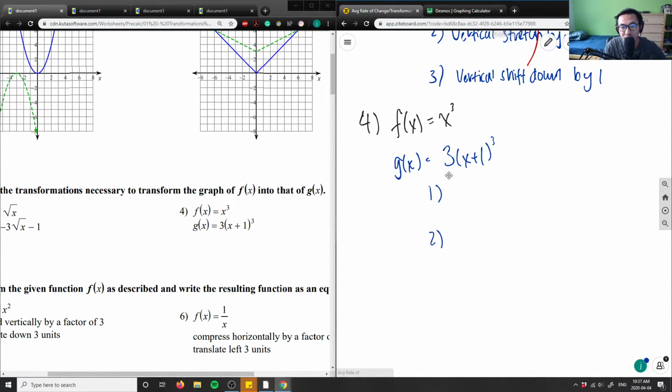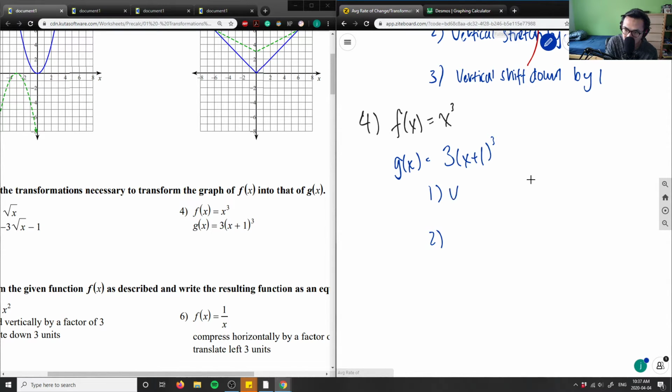Let's see. I'm working from left to right again. I see a 3 here, right? It's before the function. So it's a vertical stretch or compression, and in this case it's a stretch, because my number is greater than 1. So I have a vertical stretch or expansion. It doesn't matter what you say.